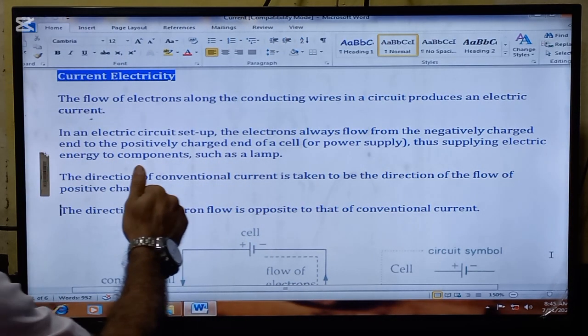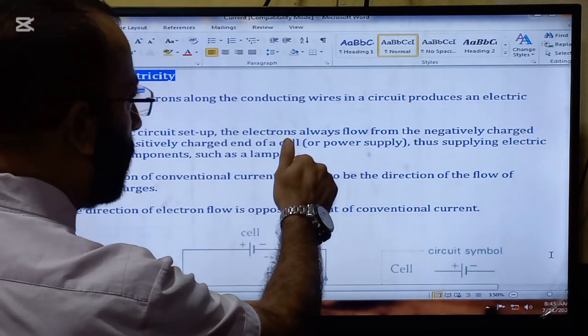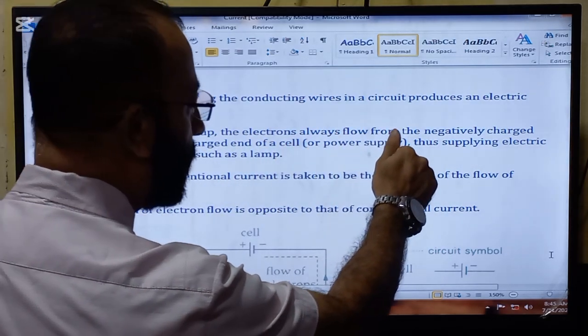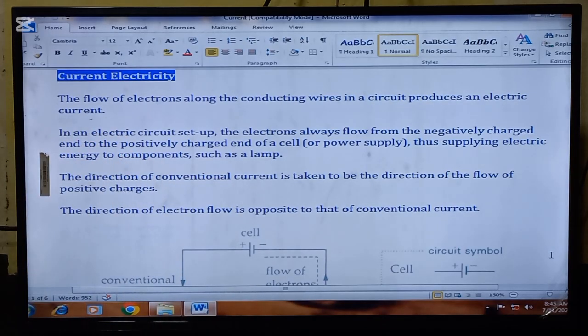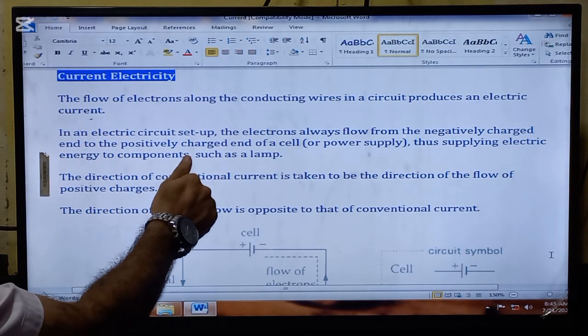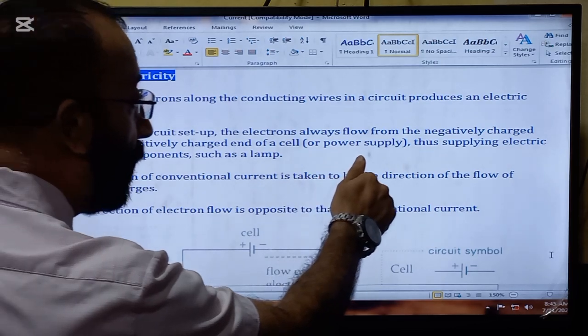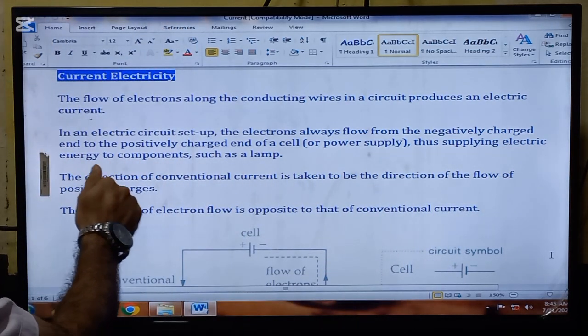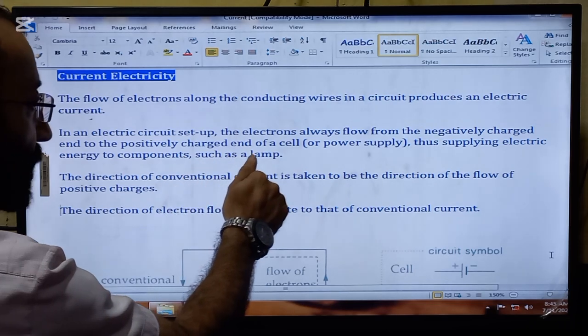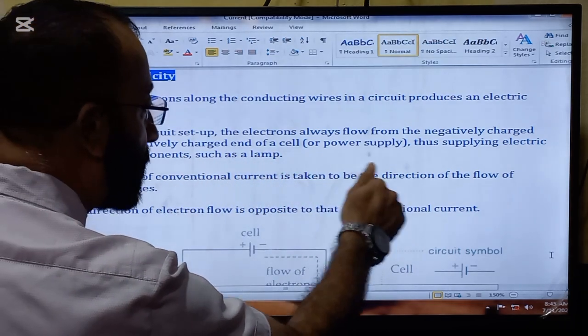The flow of the electrons along the conducting wires in a circuit produces an electric current. In an electric circuit setup, the electrons always flow from the negatively charged end to the positively charged end of a cell or power supply.